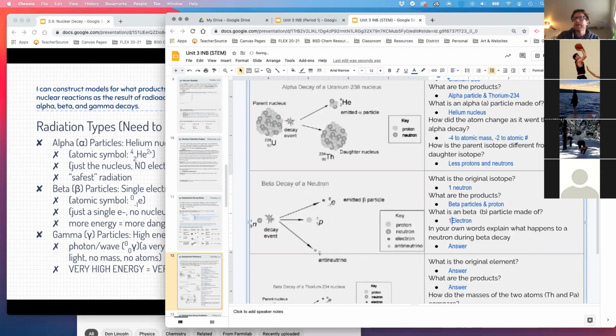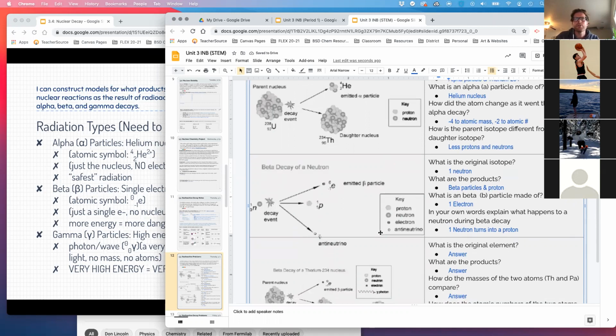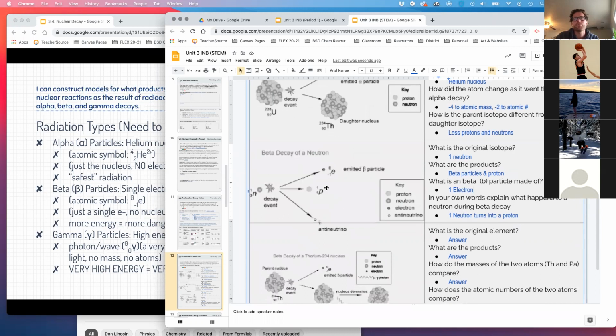Okay, but what actually happens is that when this beta particle is released, a neutron turns into a proton. Isn't that crazy? And that right there will help gain that 1-to-1 ratio, or help it a little bit, because we'll have more protons and the same amount of neutrons in that ratio.